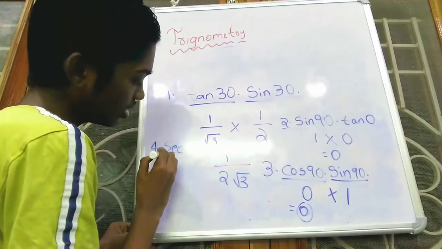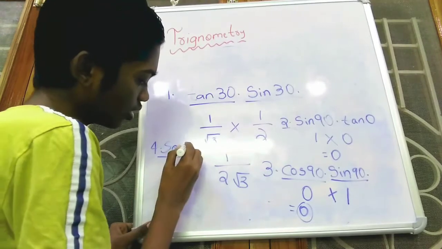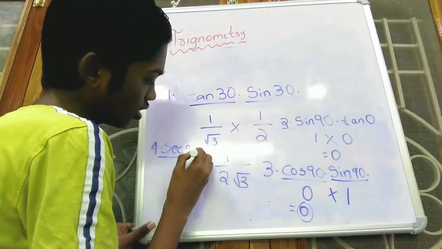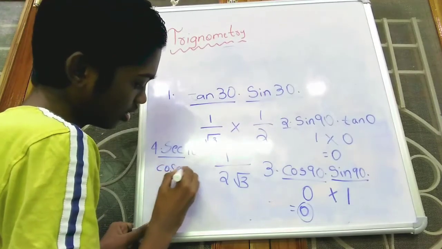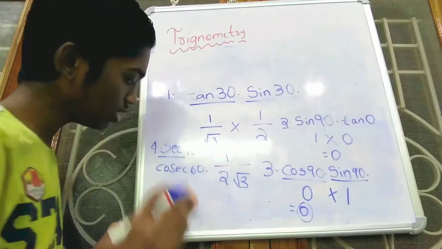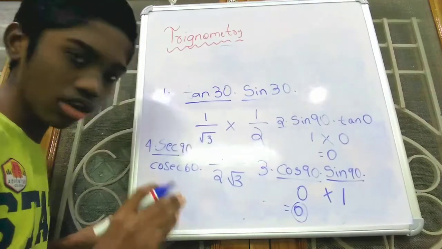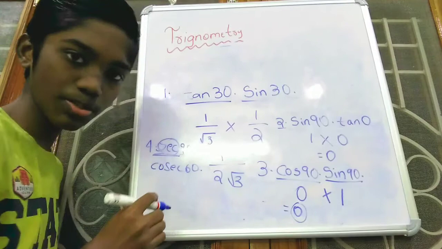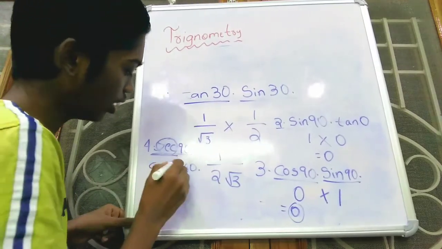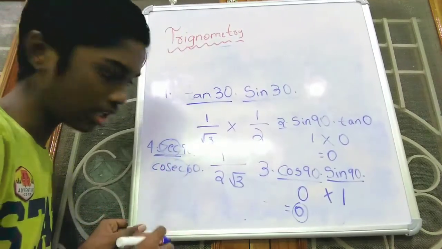Sec is the reciprocal of cos. Sec 90 into cosec 60. First you should not confuse sec 90. Sec is the reciprocal of cos and cosec is the reciprocal of sin.